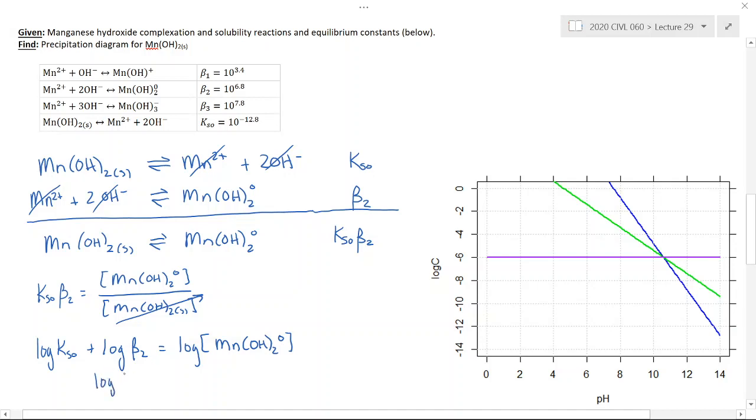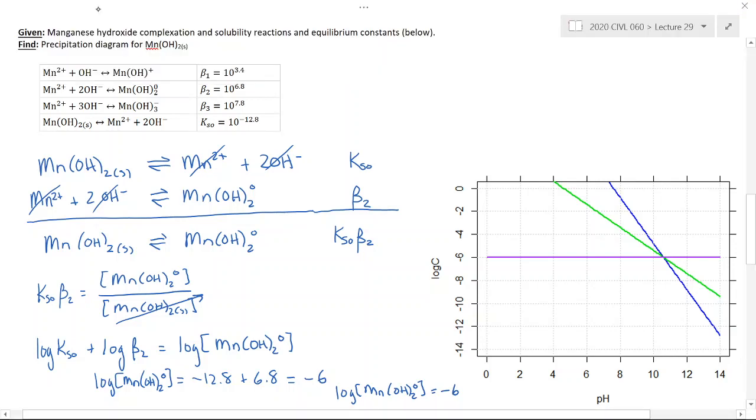I have log MnOH2 is equal to, and the values for these are, let's see, negative 12.8 and positive 6.8, which is equal to negative 6. So my equation for the line is log MnOH2 is equal to negative 6.